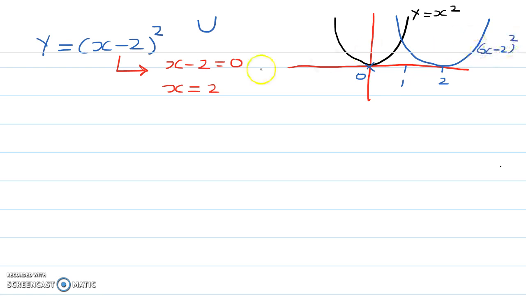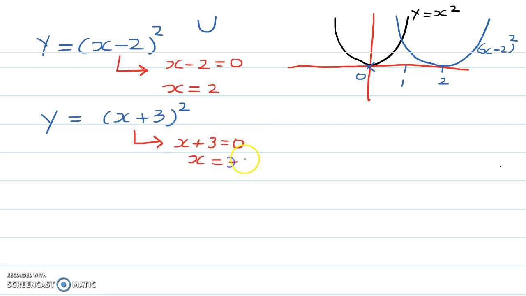Now, if a question comes like y is equal to x plus 3 whole square, we put x plus 3 equal to 0 and get x is equal to minus 3. Now we are going to sketch this graph.